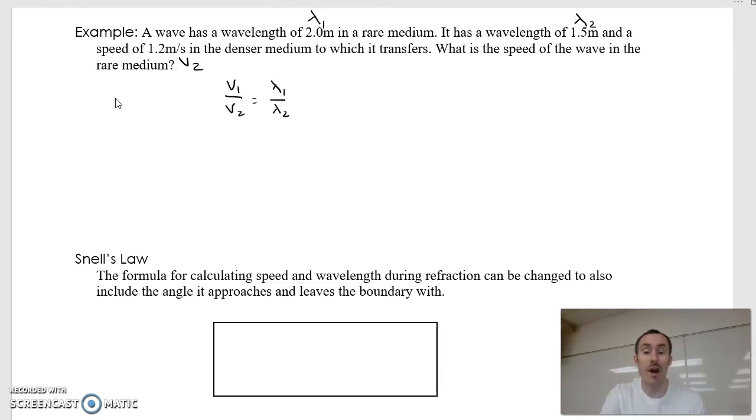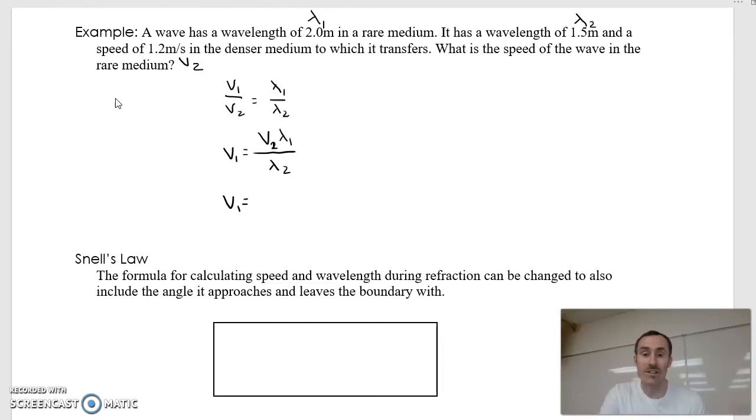And we are supposed to solve for the speed in the rare medium. That would be v1. So we need to rearrange this to get v1 by itself. And right now there's just a divided by v2 here, and so if I multiply by v2, I'll have v1 by itself. And so v1 is equal to v2 times λ1 over λ2.